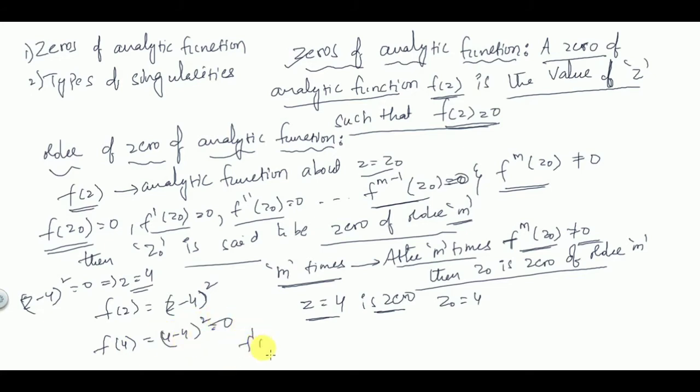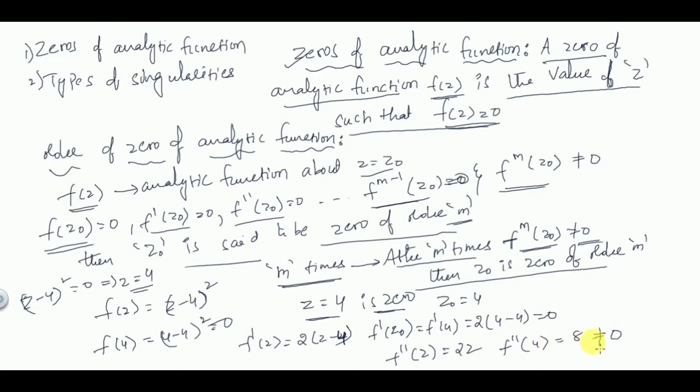Even if you find f dash of z, it is 2 into z minus 4. If you substitute z0 is equal to 4, f dash of 4 is equal to 2 into 4 minus 4, which is still 0. And f double dash of z is 2, and f double dash of z naught, that is f double dash of 4, is 2, which is not equal to 0.